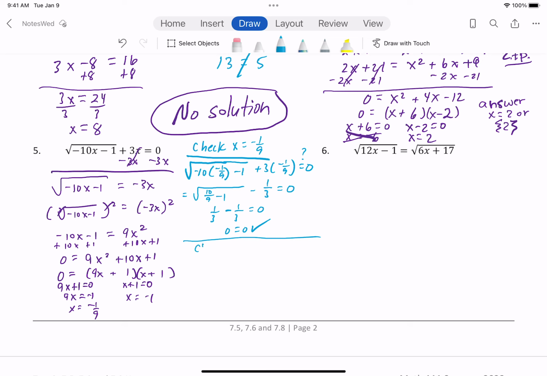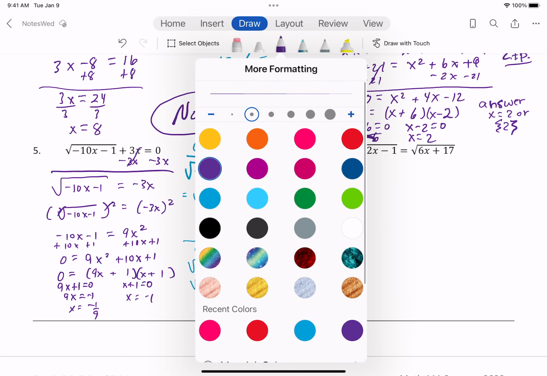Of course, we do also have to check the x equals -1. So if I replace x with -1, on this side, that's going to be 10 minus 1 is 9, minus 3 equals 0, and this does give me 3 minus 3 equals 0, and the two sides are equal.